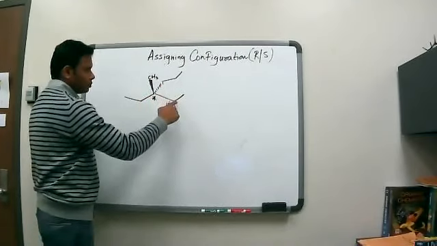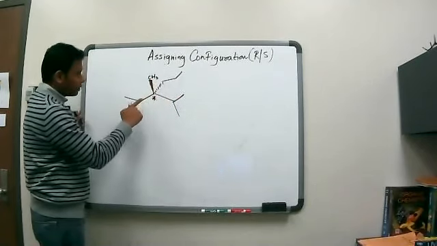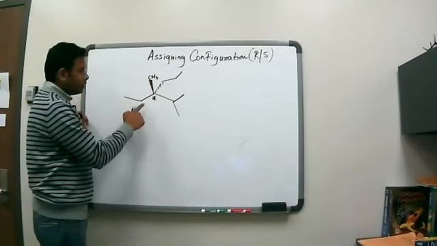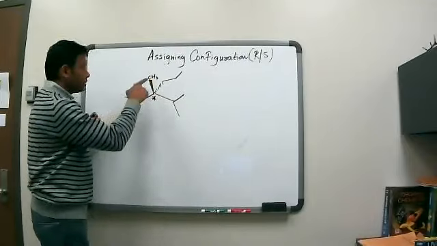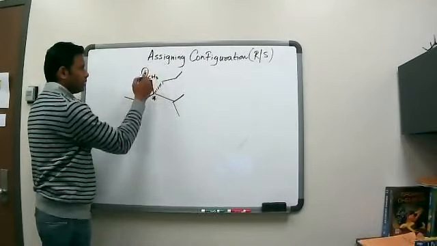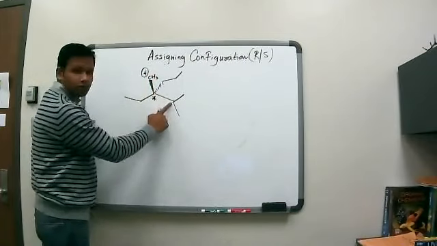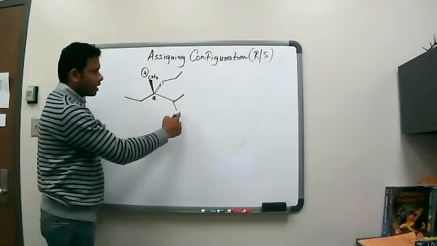So this carbon should be the lowest priority because it's connected to 3 hydrogen atoms, and this carbon should be the highest priority because it's connected to 2 carbons and a hydrogen.